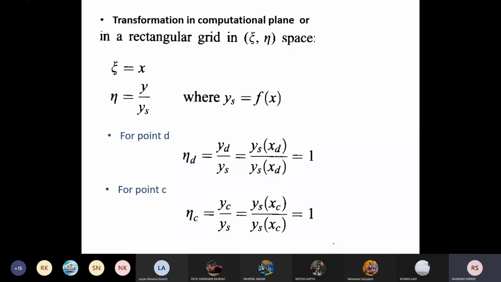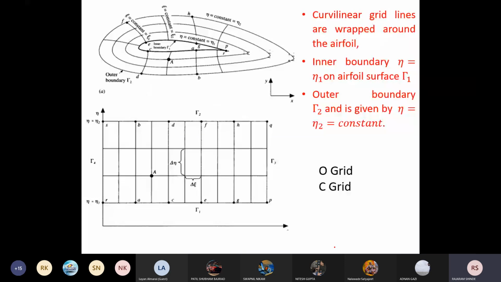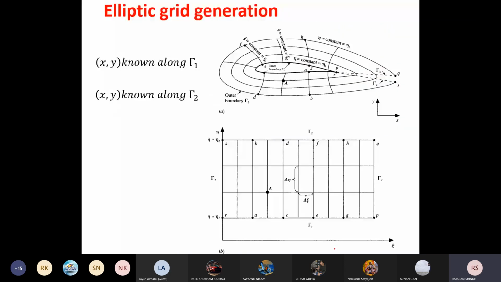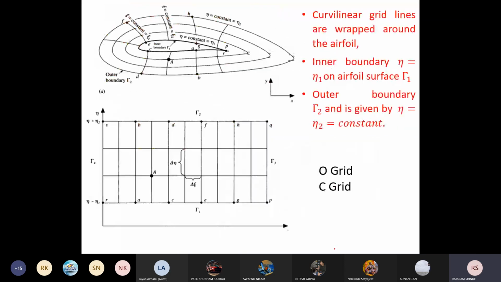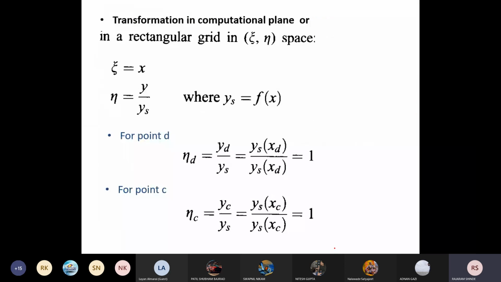All points on the upper boundary lie on one line in the computational plane, and their coordinates are the same, so you get a uniform rectangular grid in the computational plane. This type of coordinate system is known as a boundary fitted coordinate system.